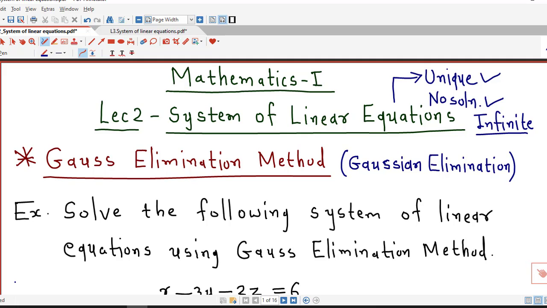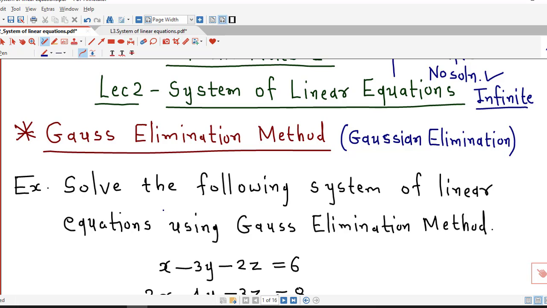So this is a general method for solving a system of linear equations. We understand this method with the help of an example, and it is also known as the Gaussian elimination method. For this method we are going to use the row echelon form of a matrix.